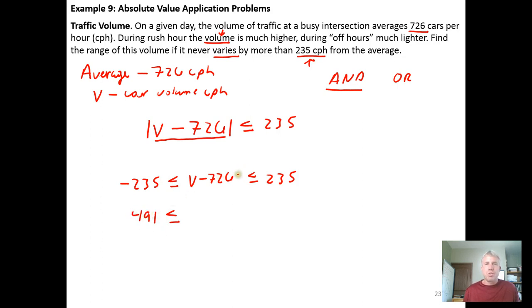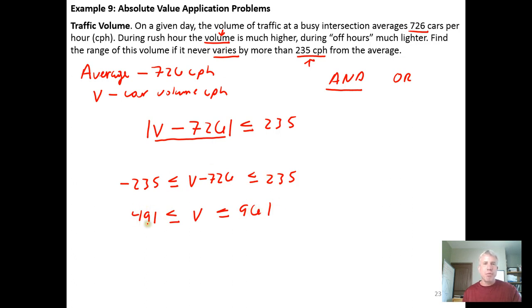When I add 726 to the middle, it will cancel with the minus 726. We'll get a 0. Volume plus 0 is volume, is less than or equal to. And when we add 726 to 235, we're going to get 961. So the traffic volume will always be between 491 cars per hour and 961 cars per hour.